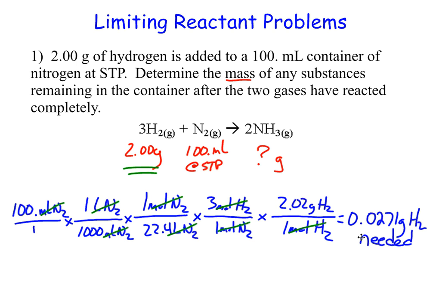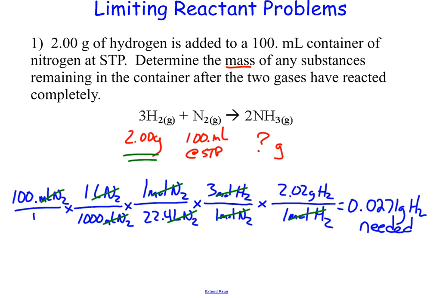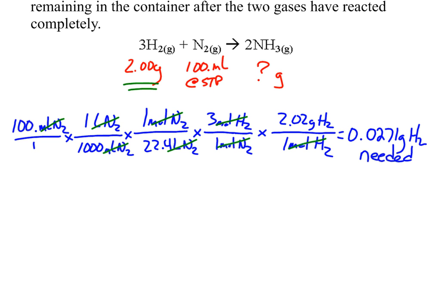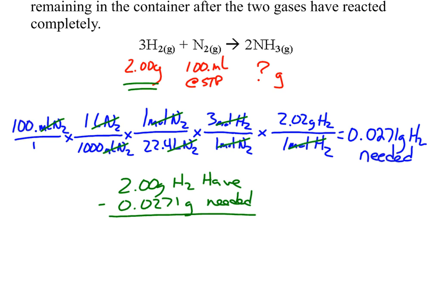So I can go ahead underneath this and do that calculation to show that if I take my 2.00 grams of hydrogen that I have, and I subtract the 0.0271 grams that are needed to react, I end up with 1.97 grams of hydrogen left over. And of course, there would be 0 grams of the N2 as it is the limiting reactant.